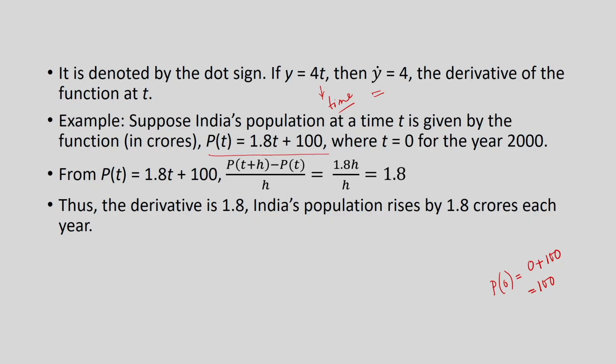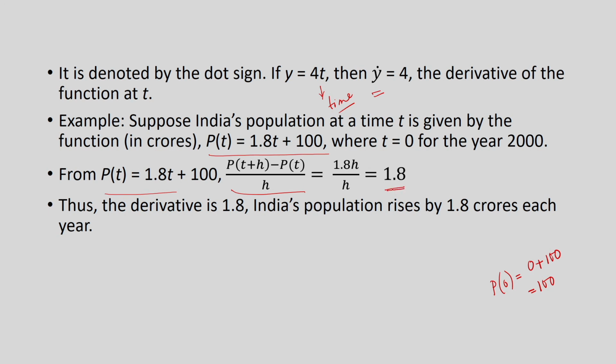All right, and then we are assuming that the growth of population or the population function is given by this formula 1.8t plus 100. Now, from this formula, right, we can find out what is the Newton quotient or the differential quotient, and it turns out to be 1.8.